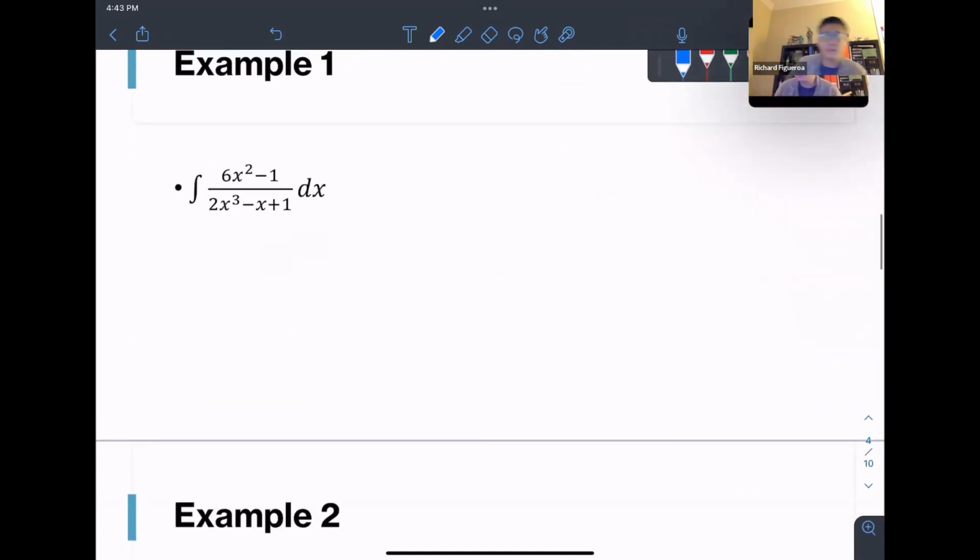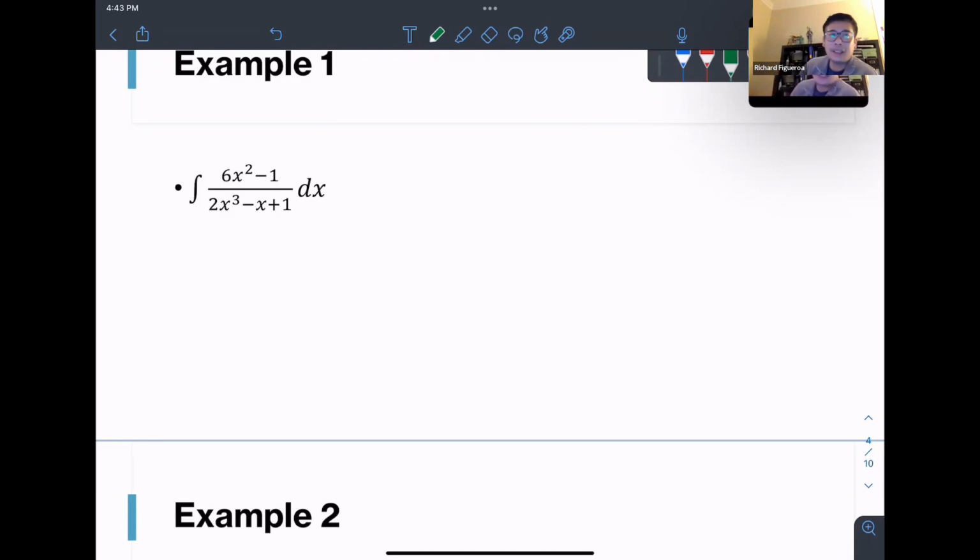Okay, so let's have our first example. So for our first example, again, look at the denominator. So pag wala siyang function raised to a certain exponent greater than 1, then possible. Okay, possible lang naman. So that is a natural logarithm.